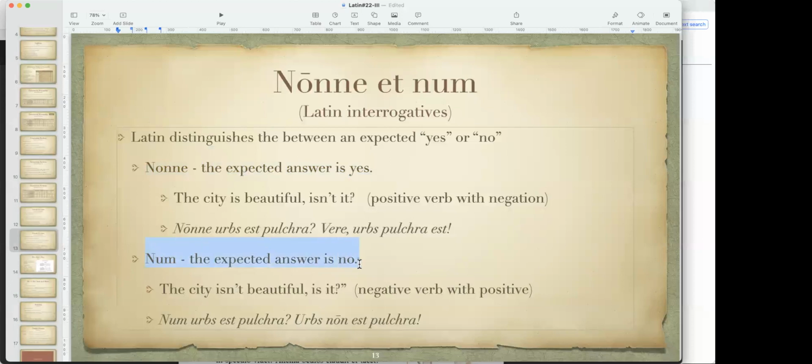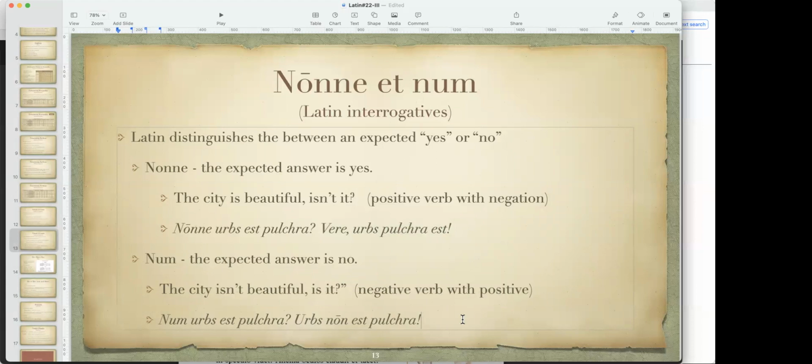Num, the expected answer is no. So, the city isn't beautiful, is it? Num urbs est pulchra. And then you would say urbs non est pulchra, or minime. So oddly, nonne is positive. With the word non, I would have expected it to be negative. And to be fair, this trips me up sometimes too.